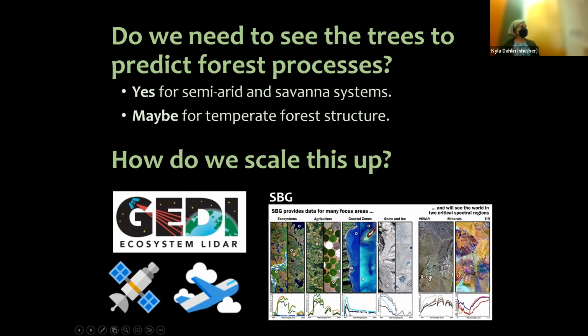And this GEDI isn't going to last forever, but the Surface Biology and Geology mission, along with potential future structure-measuring missions, make me hopeful that what we can right now really only do in the US, where we have the resources to deploy these airborne systems, we'll be able to start moving to other parts of the world where, frankly, the questions are more interesting and more pressing than understanding patterns and processes of Harvard Forest. So I'm super excited about how these things could scale up into the future.